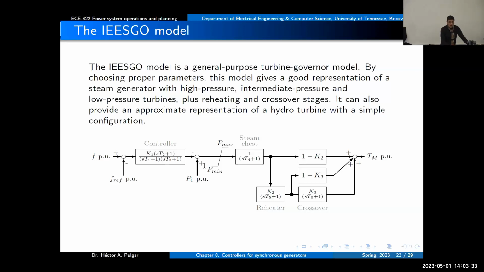So after we discuss this general model, we're going to derive the set of equations we need to describe this turbine governor. But to answer your question about what is the gain, that coefficient K1 is basically a gain. You have an input, you will multiply that input by a gain, and you get an output that is proportional.